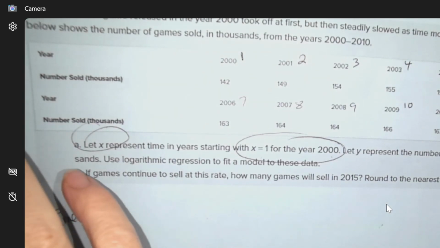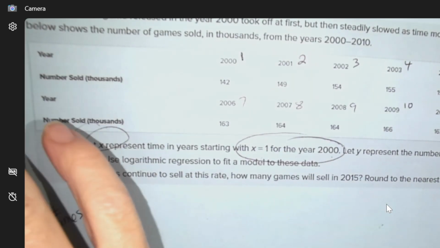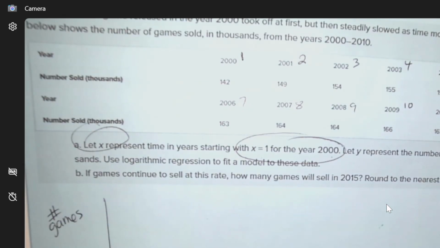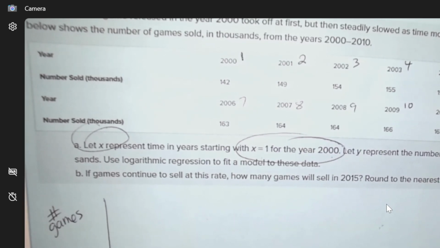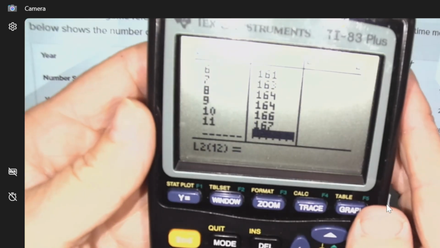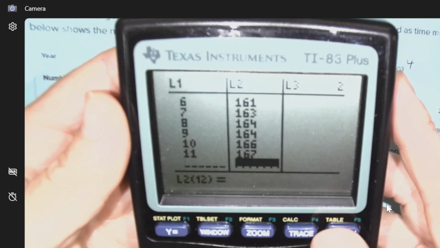Okay, so go ahead, stat edit stuff. Do we do the 1,000 or just 1? No, just do the number. We'll do the 1,000 if we have to answer.